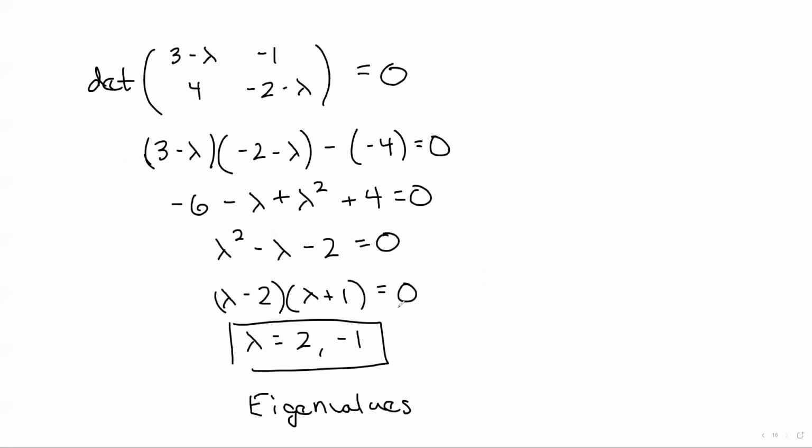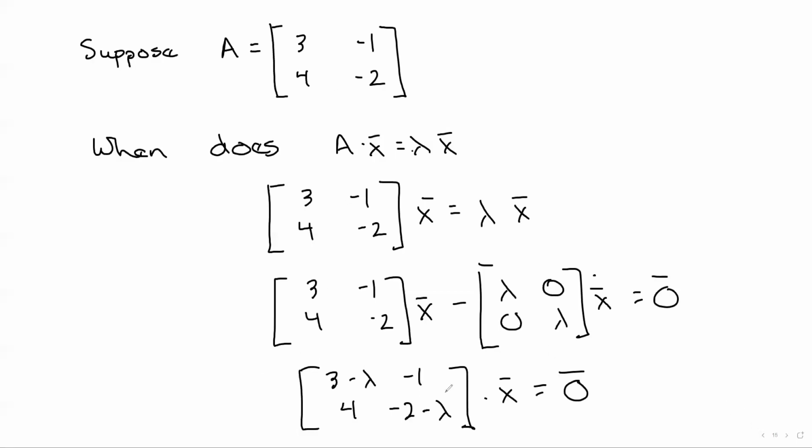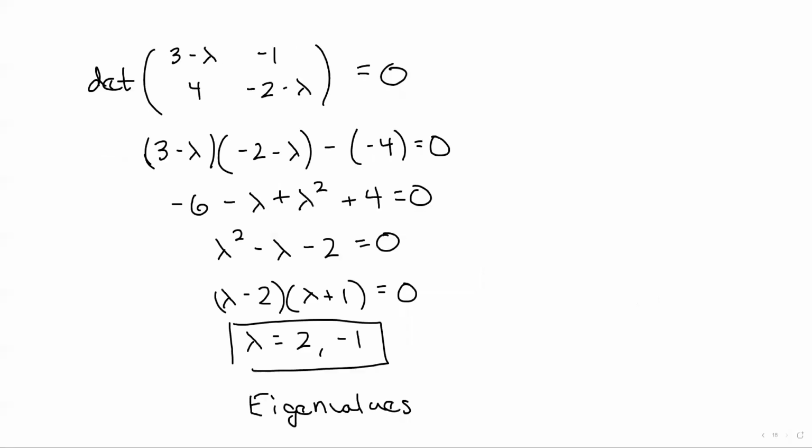So you could take the 2 and plug it in. What do you plug it into? You're going to plug it into this equation right here. That's the one that we want. So if lambda equals 2, then what happens?